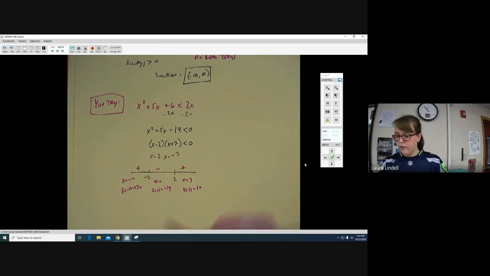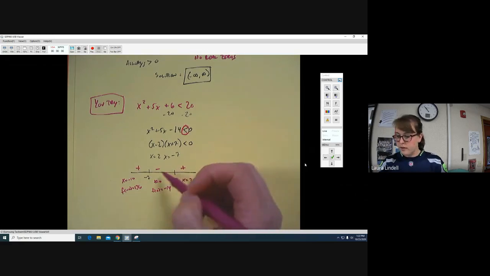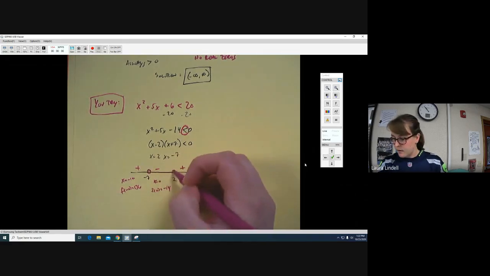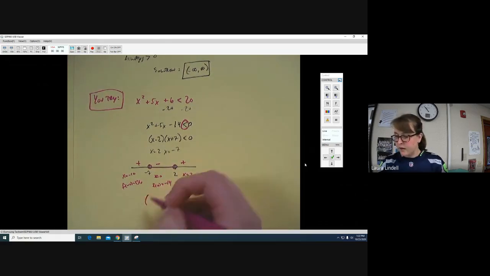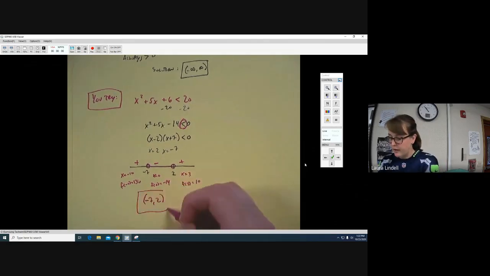But this time we're looking for the space where it is less than 0. So we want the ones where it's negative. So this is the chunk that we want. So our answer would be not inclusive because it's strictly less than -7 to 2 for our interval answer.